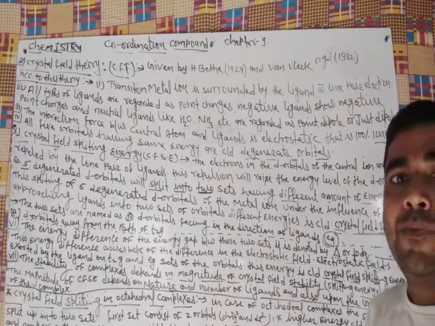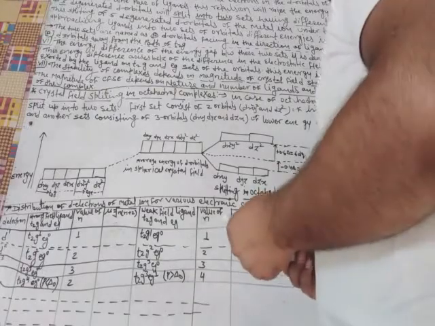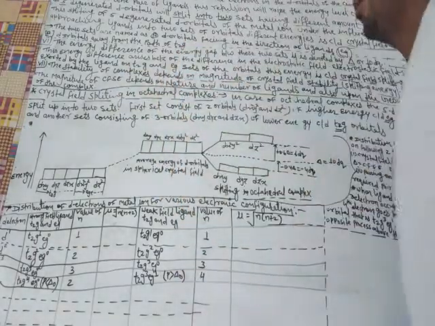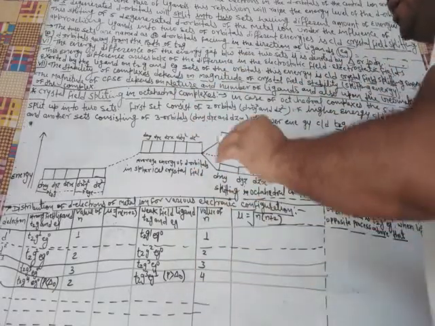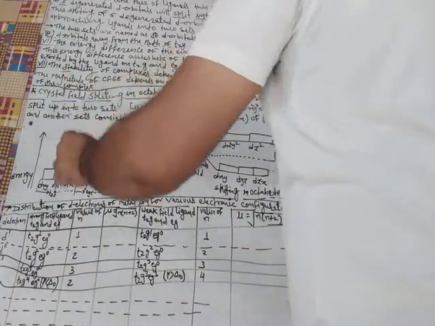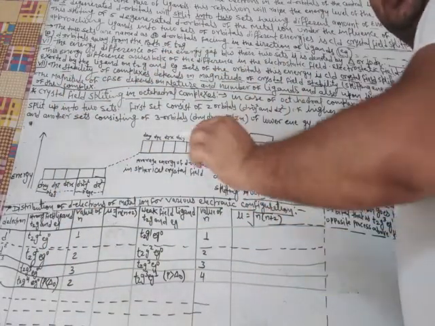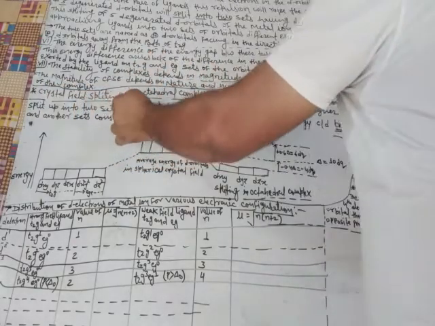Next point, CFT: crystal field splitting in octahedral complexes. First octahedral, second tetrahedral complex. First, crystal field splitting in octahedral complexes. The d orbitals split up into two sets.